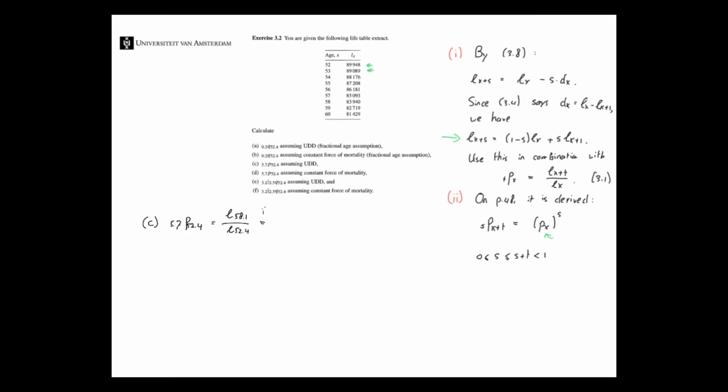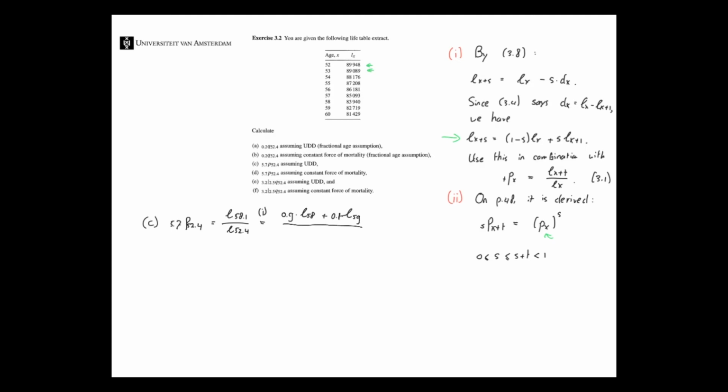And now we simply use the first property, which gives us that. On the top we get s being equal to 0.1. So we get 1 minus s is 0.9 times L58, because x is 58 in this case, and then plus 0.1 times L59.